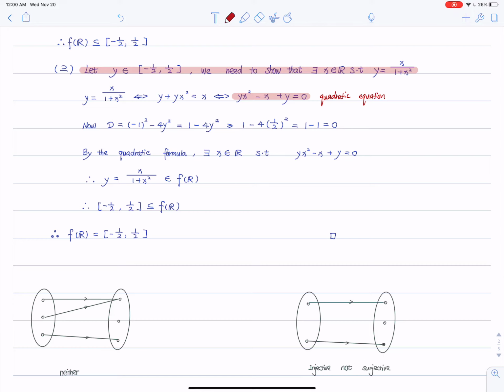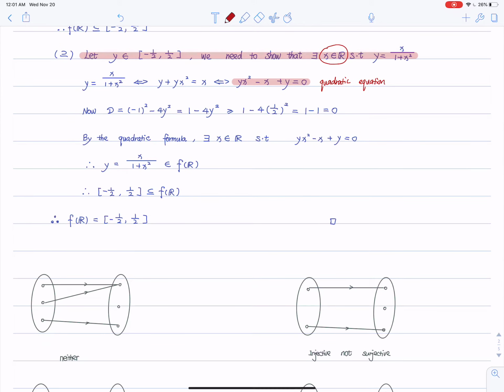We know that because we want to show x is in real, we want to show there exists such x in real numbers, which means you want to show this equation has real roots. In order to show that, you can just use your quadratic formula and show your discriminant is greater than or equal to 0, which is what I have here.